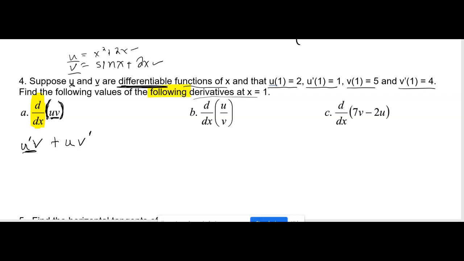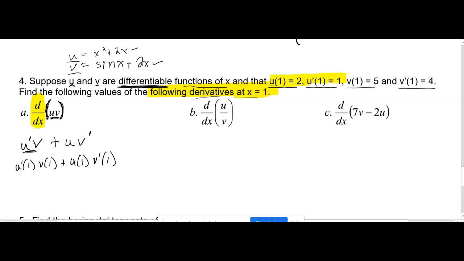You were told you're going to evaluate these at the x value of 1. So what that would mean is we want u primed of 1 multiplied by v of 1, and then u of 1 multiplied by v primed of 1. These are then the values that you're given up here.